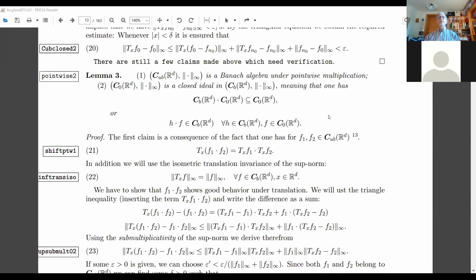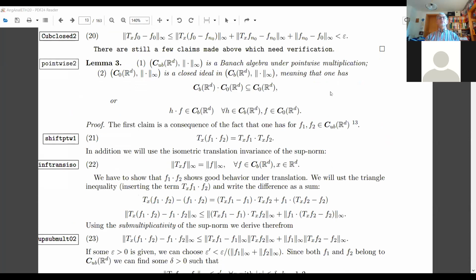Okay, so I will not redo things which we have done already, but recall the spaces that we have used, the uniformly bounded continuous functions and the functions vanishing at infinity, both sitting inside the space of bounded continuous functions.